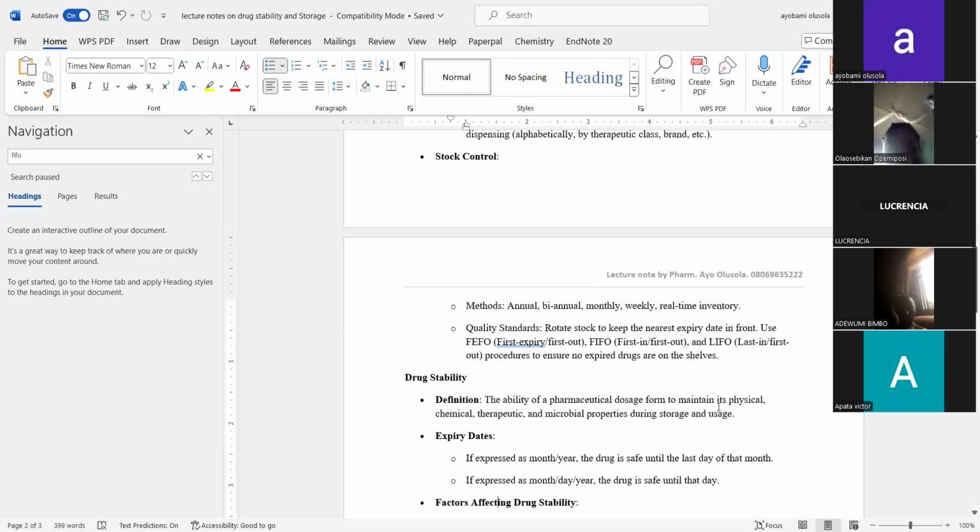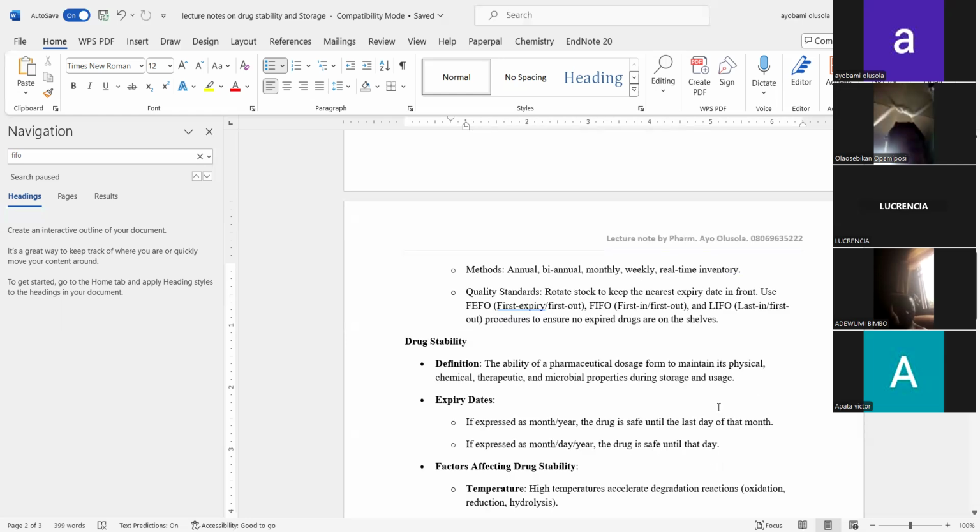For drug stability, stability is the ability of a pharmaceutical dosage form to maintain its physical, chemical, therapeutic, and microbial properties during storage and usage. We have some terms like the expiry date. The expiry date is the date on your package that is expressed as month and year.